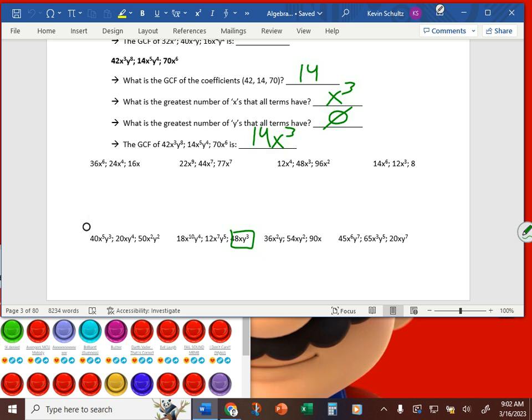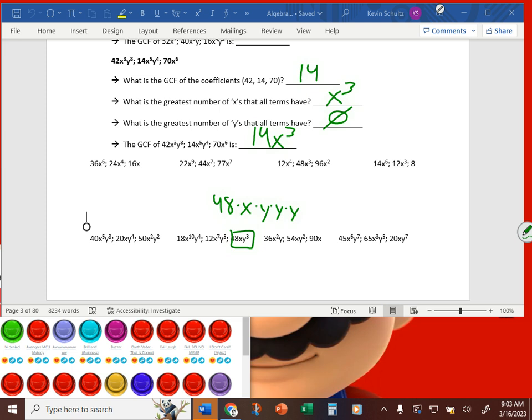So in expanded form, that would look like this: 48 times x, only one of them, times y times y times y. Okay? So that exponent of 3 would only apply to the base it is attached to. There is only one x there. It does not represent the number of x's and y's.